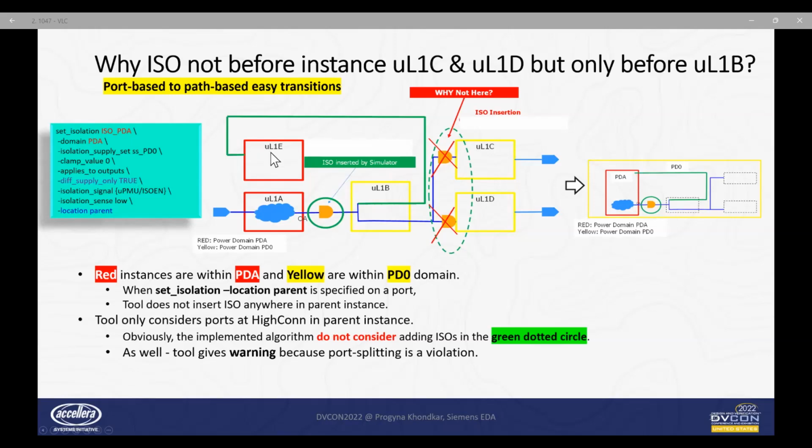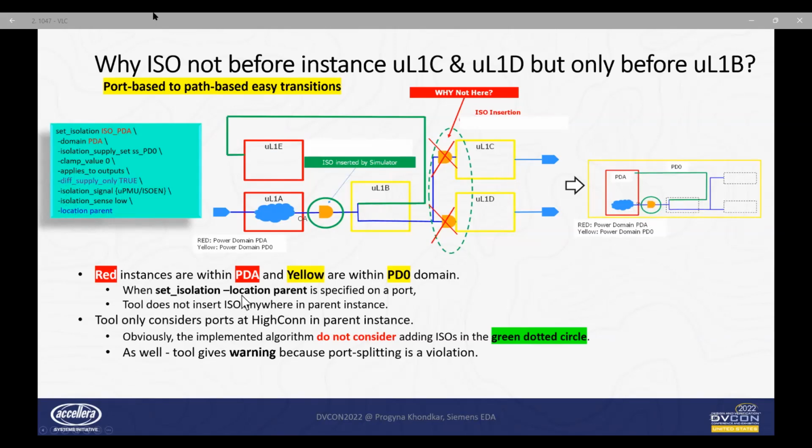Please understand that the red instances belong to PDA and the yellow instances belong to PD0. The simplified diagram is shown on the right hand side of the slide, where PDA is the child and PD0 is the parent context, and we have applied an isolation cell only on the OA, which applies to the output.